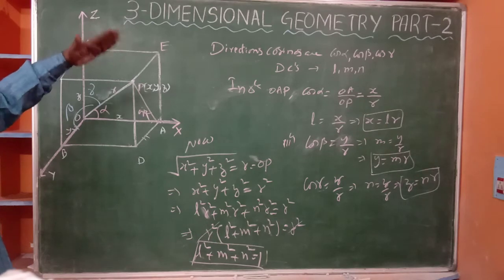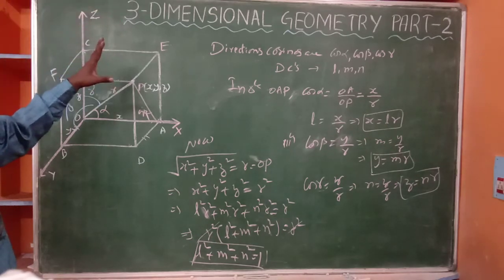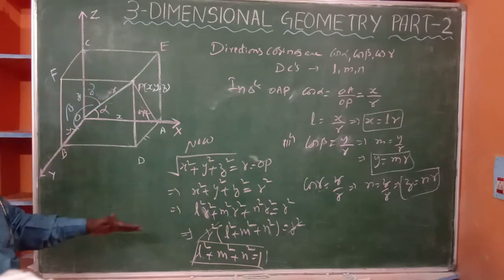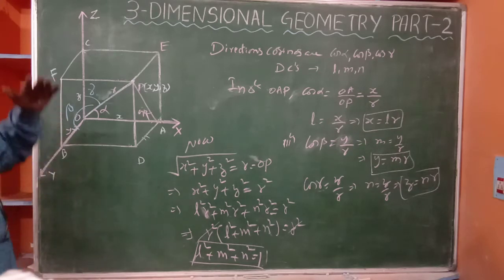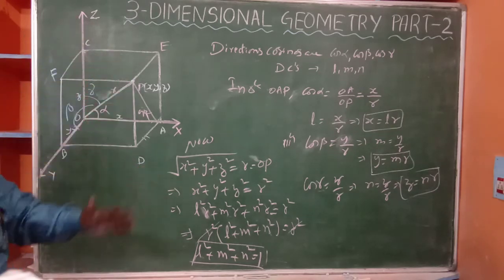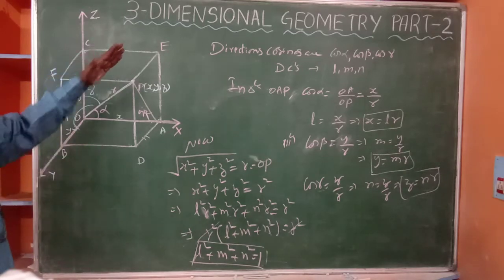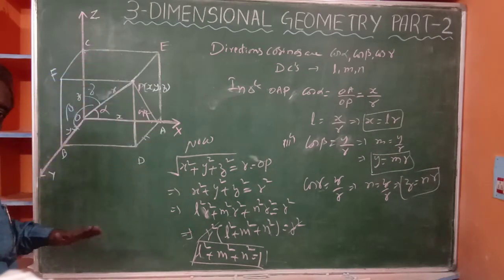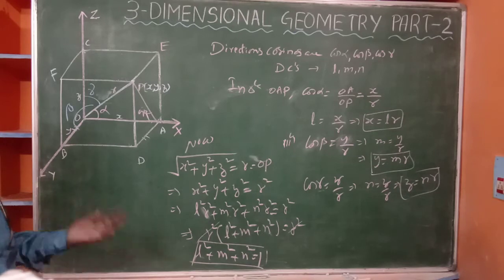Wherever the line may be in space, no doubt it makes some angles with x, y, z. The original line and the parallel line through the origin make angles alpha, beta, gamma, and then cos alpha, cos beta, cos gamma are the DCs.